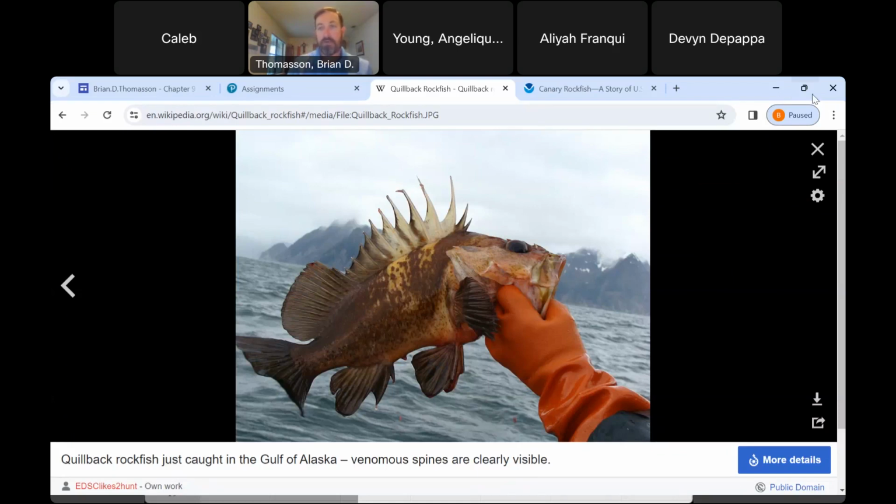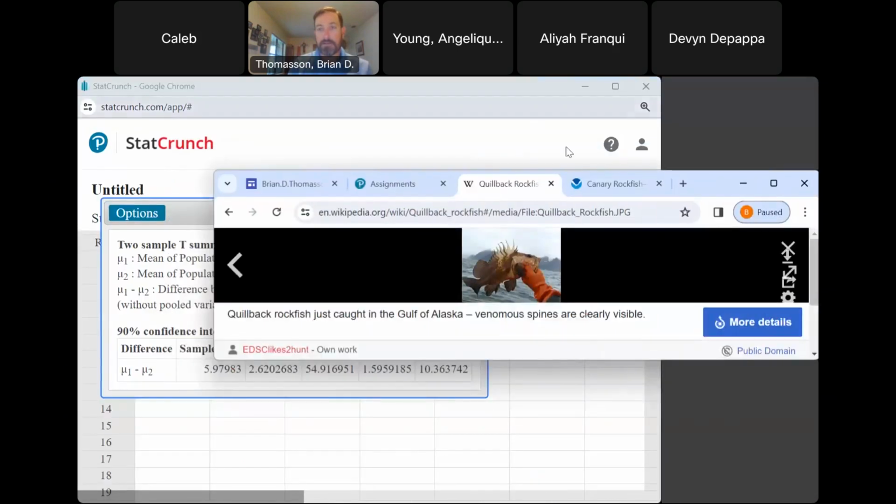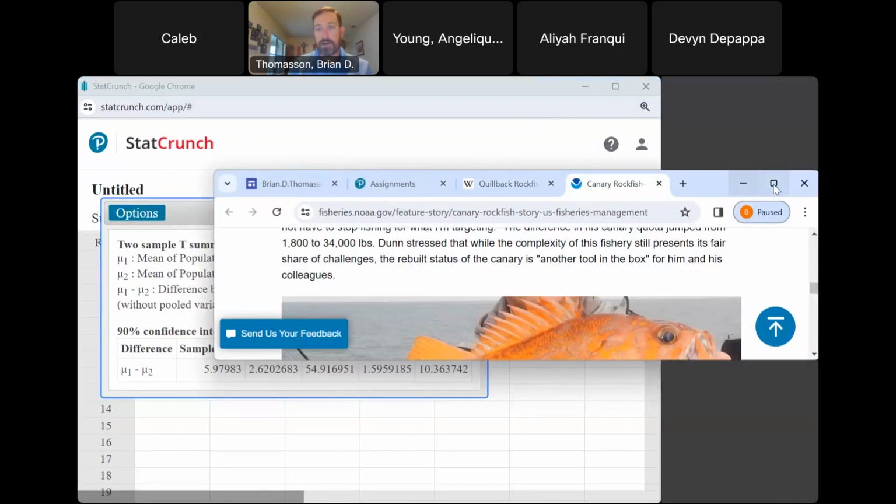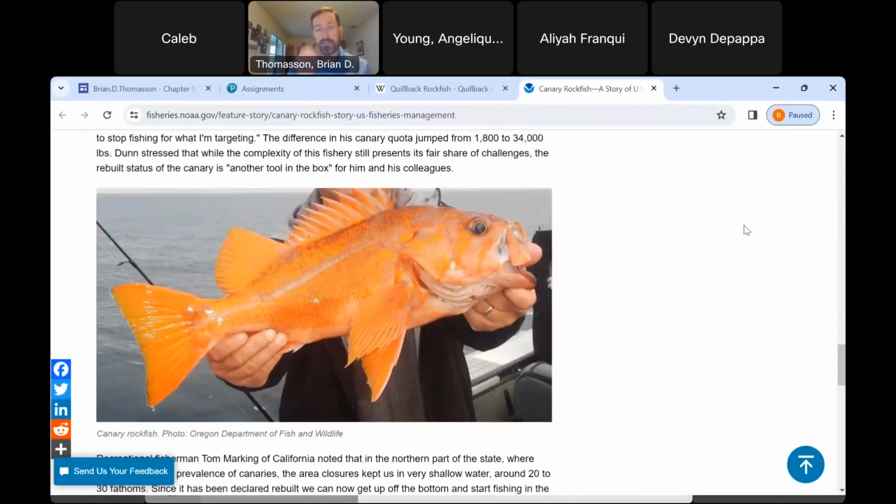We wanted to compare that to a canary rockfish, which doesn't look the same, but lives pretty much the same area. This one lives off the bottom and gets a similar size. The canary can get a little bit bigger, but grows very, very fast. So a 2-pound canary is not going to be very old, but a 2-pound quillback is going to be very old.